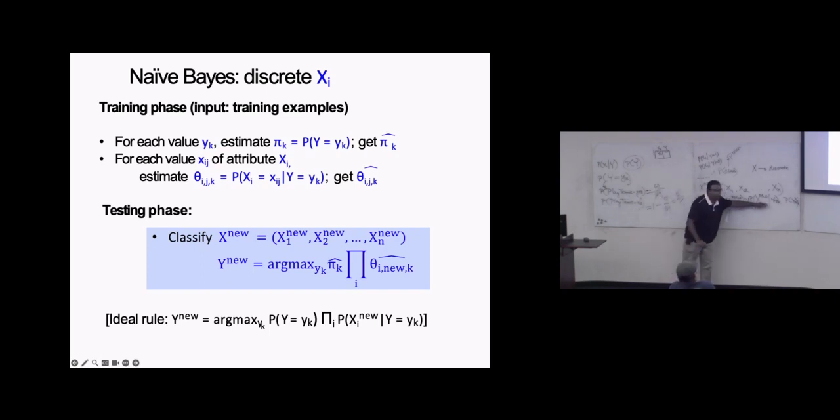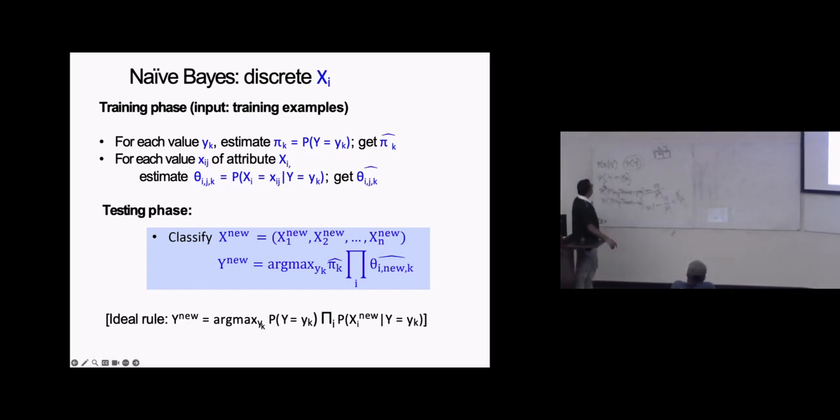Can we compute this one as well from the training data set? How about that? So every attribute has equal weight, I guess.